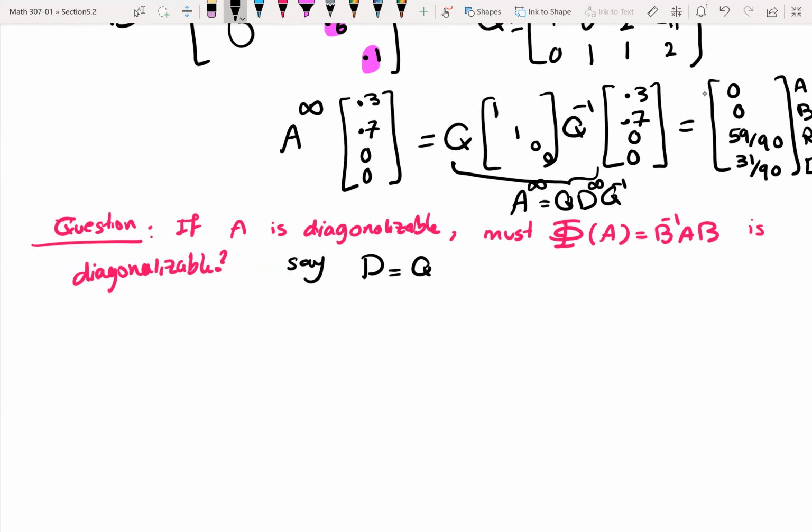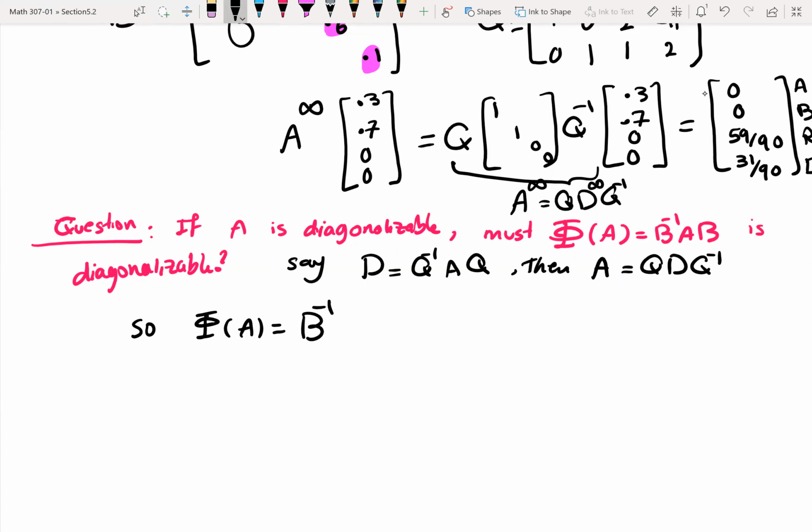That means you can write D as Q inverse A Q. So this means A is diagonalizable, okay? Or the other way, you can say A is Q D Q inverse, because A is diagonalizable. And then all I need to do is just follow the definition, which was B inverse A B, and replace A by the diagonal form.